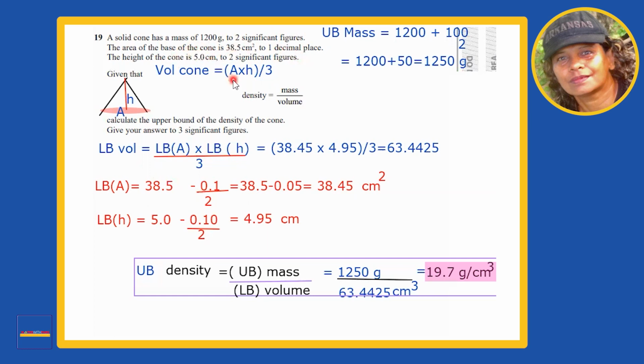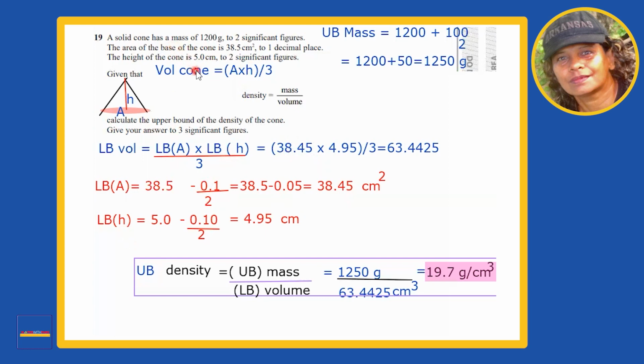And because we're talking about the lower bound, it would be subtracting 0.1 divided by 2. So the lower bound area is 38.5, we subtract 0.1 over 2, we end up with 38.45. So that's how we get this answer of 38.45. Now we're going to talk about the lower bound of the height.